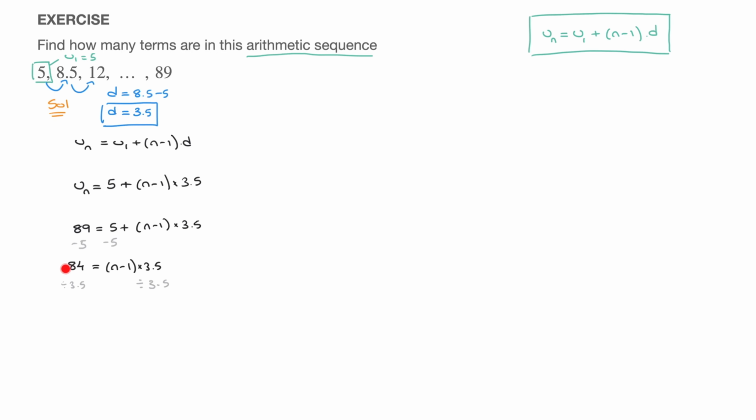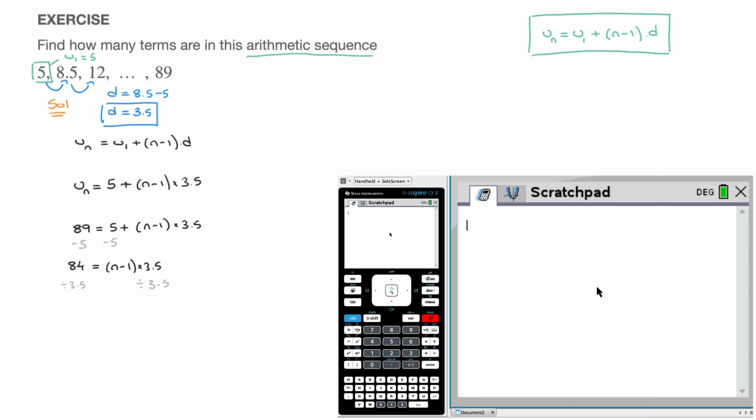And now for the left-hand side, if you're uncomfortable dividing 84 by 3.5, with our calculator we can quickly calculate 84 divided by 3.5, and that's equal to 24. And so we have 24 equals n minus 1.